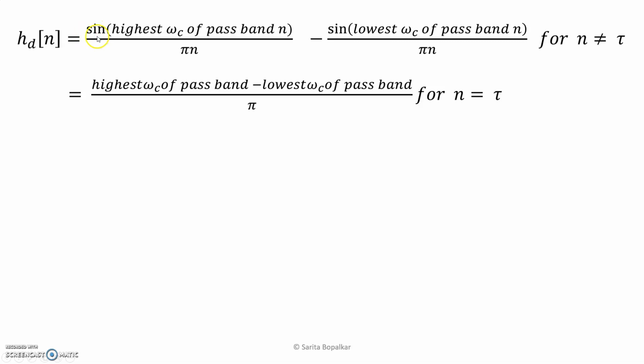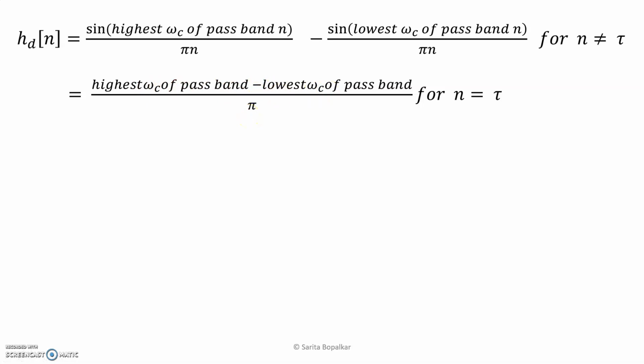The generalized formula which we already discussed is: sine of highest omega c of the passband minus sine of lowest omega c of the passband, divided by pi times (n minus tau), for n not equal to tau. Tau is (m minus 1)/2. And for n equal to tau, it is the highest frequency of the passband minus the lowest frequency of the passband, divided by pi.